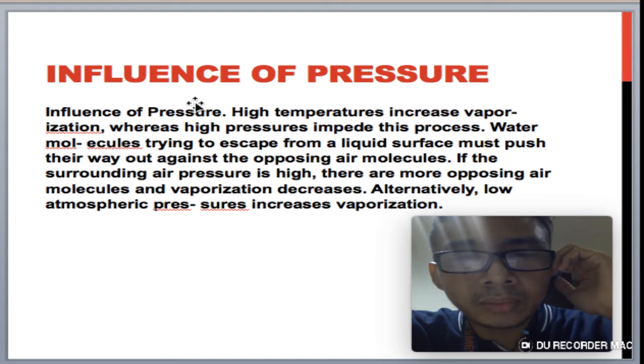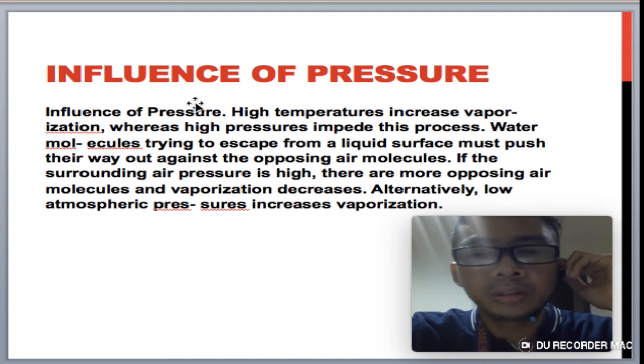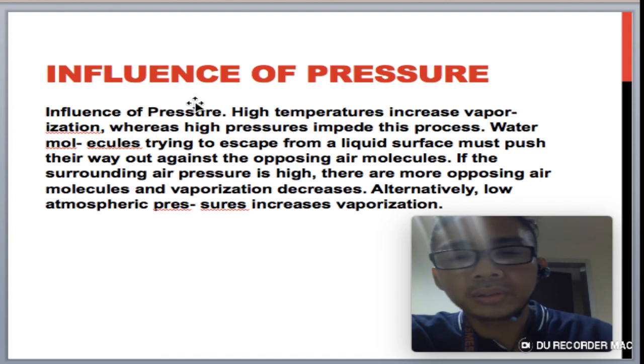If the surrounding air pressure is high, there are more opposing air molecules, so vaporization decreases. Alternatively, low atmospheric pressure increases vaporization. Again, if there is low atmospheric pressure, it increases the vaporization.